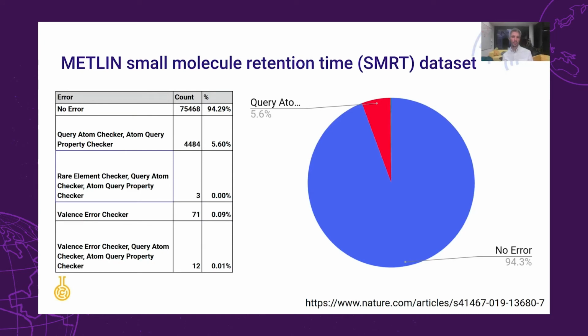And the last example of the input dataset is the METLIN Small Molecule Retention Time dataset, SMRT, that was published recently for model building for an analytical use case. And in this large dataset, we also found 6% of cases with issues, including again valence errors, rare elements, and some query atom properties.